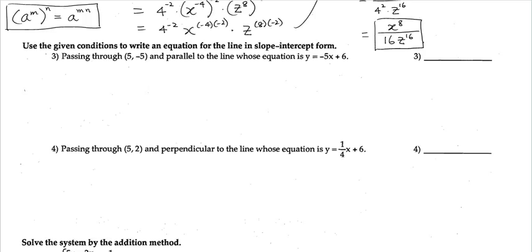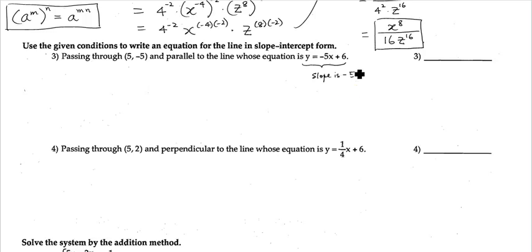They're telling us it's parallel to another line, y equals negative 5x plus 6. For parallel lines, what happens to their slope? They are the same. So, if I know the slope for this line, then I would know the slope of the line that I'm looking for. What is the slope for this particular line? The slope is negative 5.